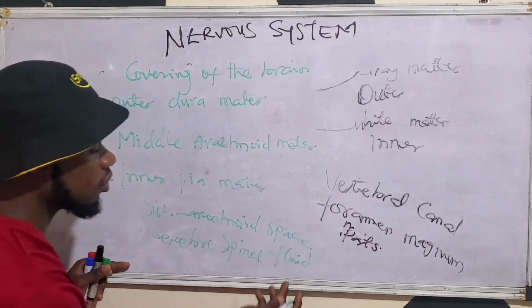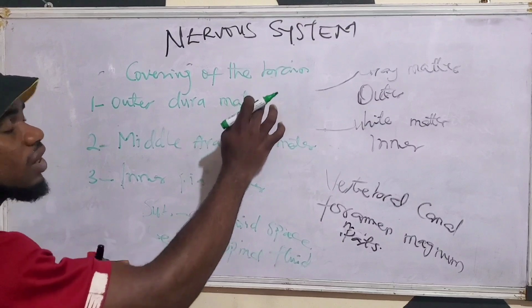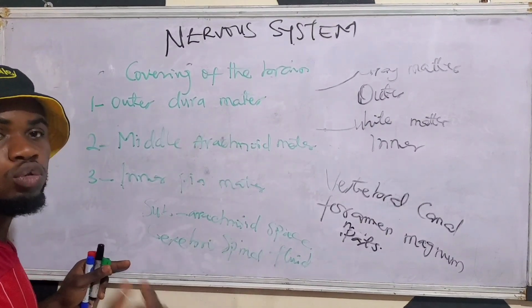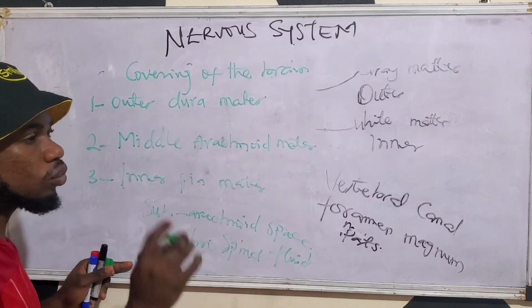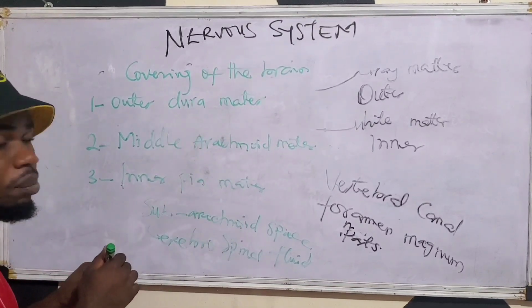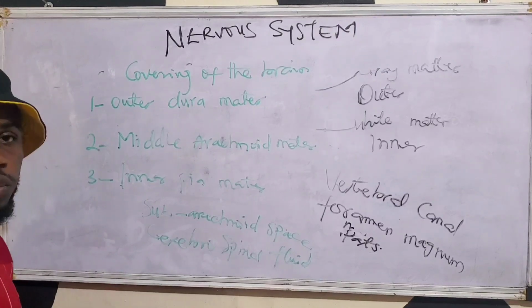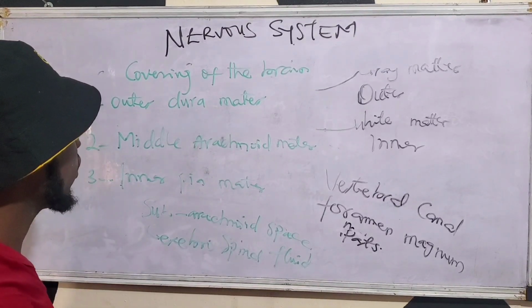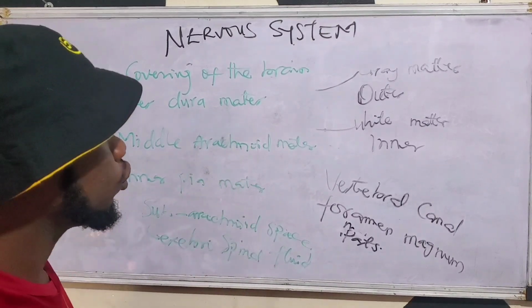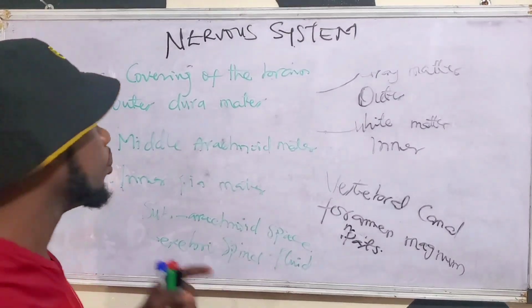What's the function of cerebrospinal fluid? The brain and the spinal cord are suspended in cerebrospinal fluid to ease friction, so the movement of the brain and the spinal cord is made easy and there is no friction occurring there. That being said, that will launch us to the parts of the brain.